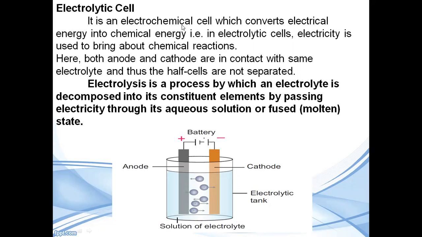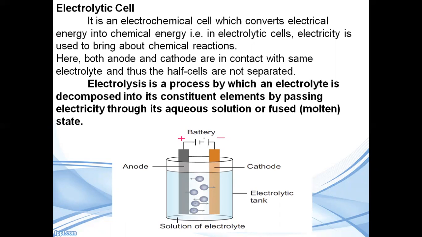That is, in electrolytic cells, electricity is used to bring about chemical reactions. Here, both the anode and the cathode are in contact with the same electrolyte, so the cells are not separated.